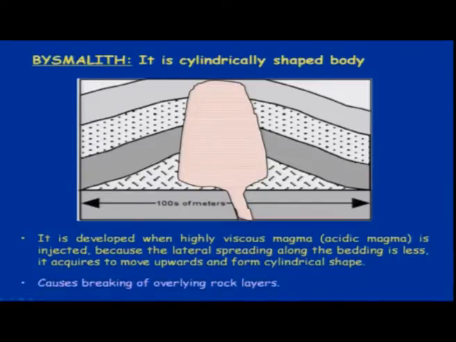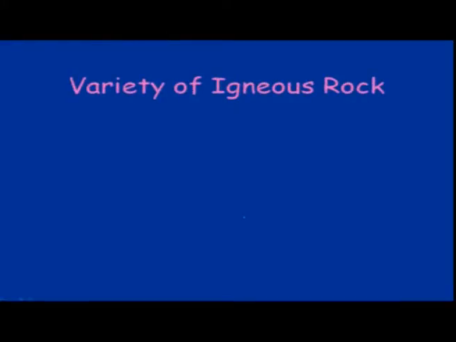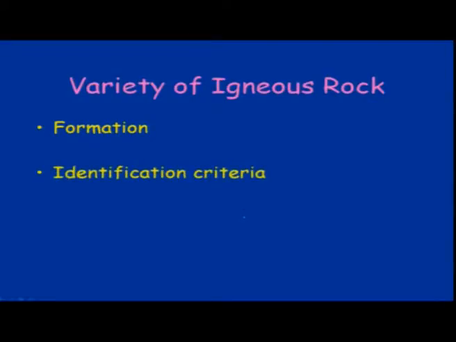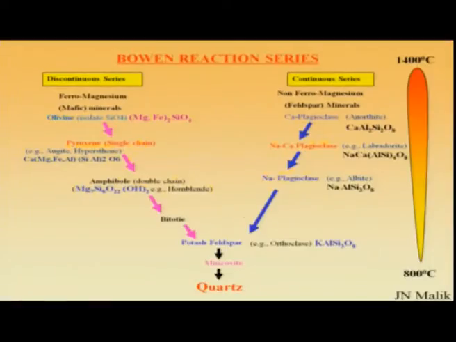So, we move further and look at the variety of igneous rocks: the formation of igneous rocks and identification criteria. We will see how we can differentiate one rock from another, and how we can differentiate whether it is an intrusive rock or an extrusive rock.